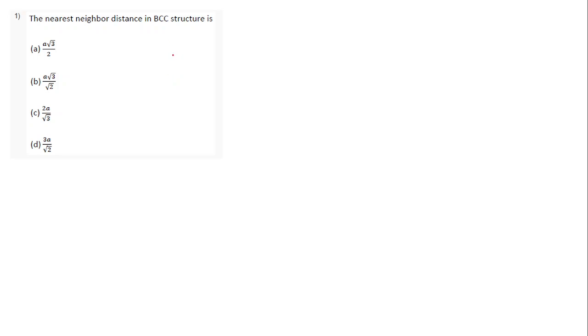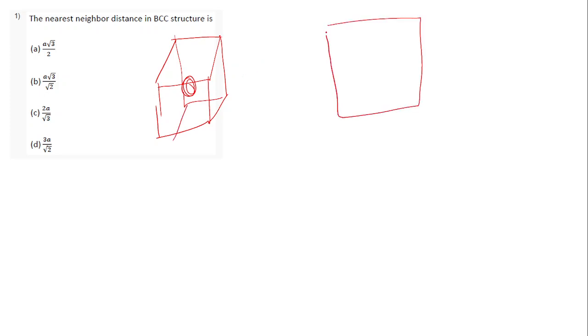We know in BCC, we have an atom at the center, and then we have atoms on the corners, and if I draw, we have atoms like this. On the body center, they are joining, right?